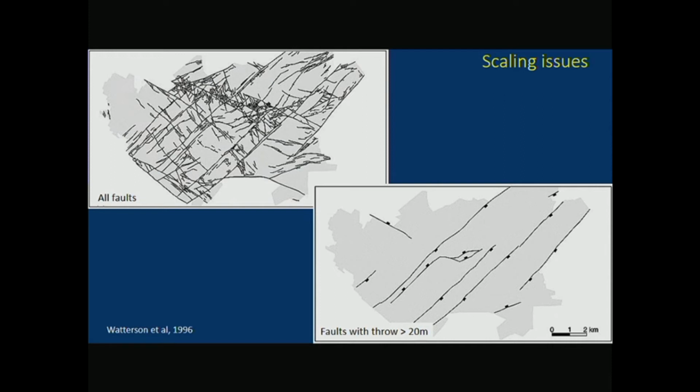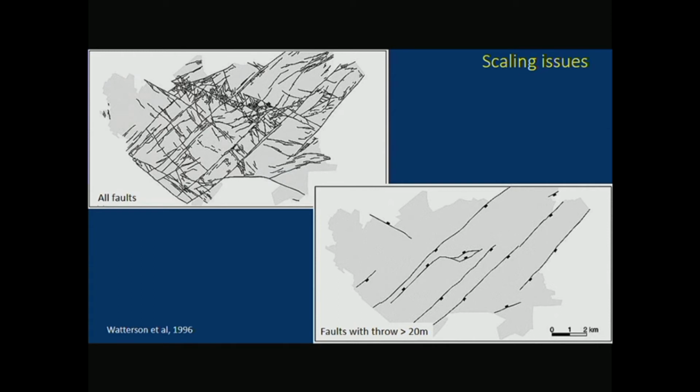And one of the problems that we have is to do with scaling. Whenever you make a 3D model, geological model, you're simplifying the real world from whatever your data sets are. You have to. We don't have enough data to make as dense a model in 3D as our drill hole variations, as our geological map, as our seismic data.